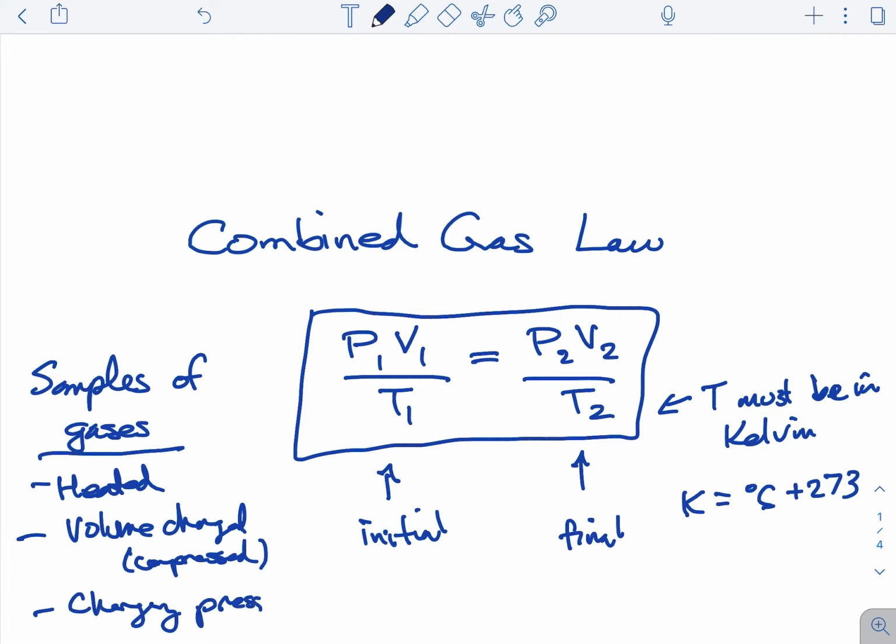So the point is, if you have a reaction equation that's creating gases, you can't use this equation. You need to use the ideal gas law, and that's covered in a separate video. But if you're talking about a single sample of gas that's being put in a container and you're heating it or you're cooling it or you're compressing it or you're pulling on it to increase the volume or you're doing something like that, then this equation, the combined gas law, is the one that you want to use.